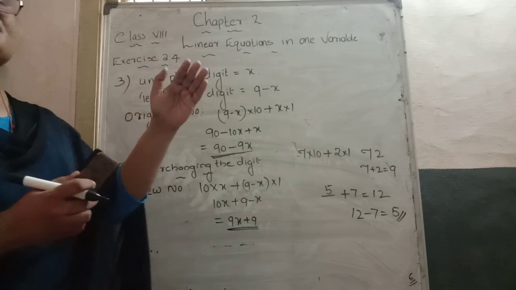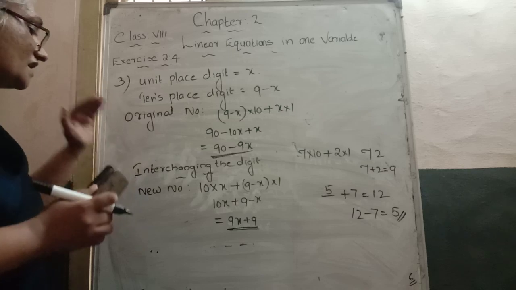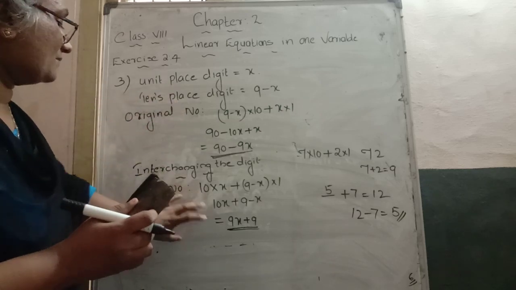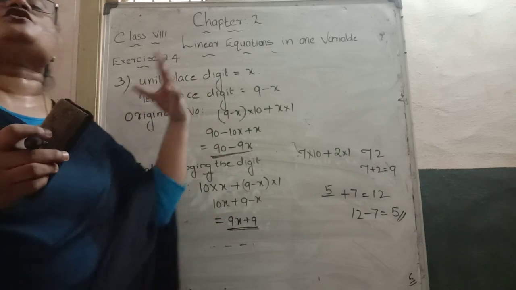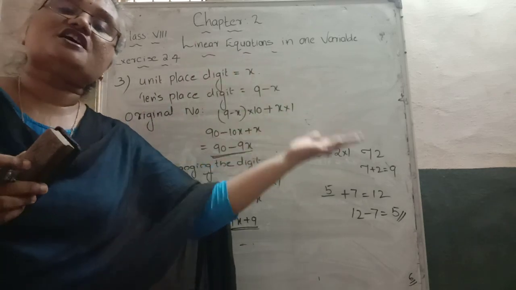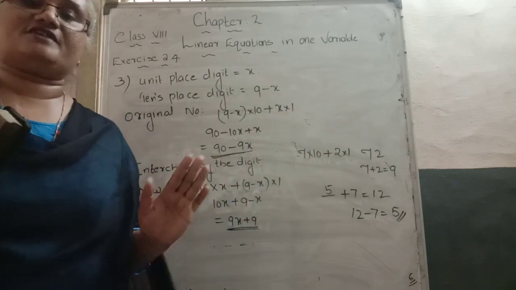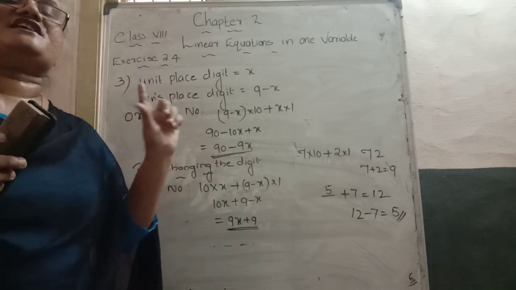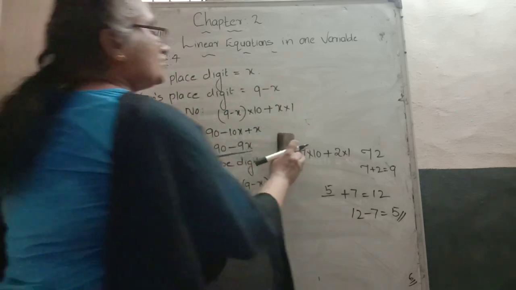Then, reading the last line of the question, they say that the new number is greater than the original number by 27.